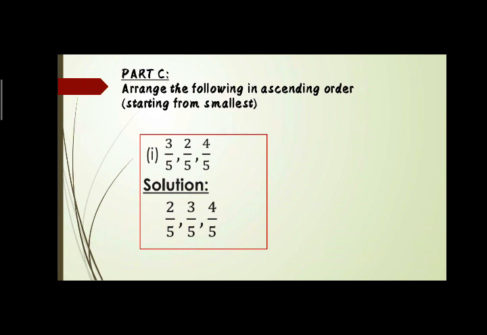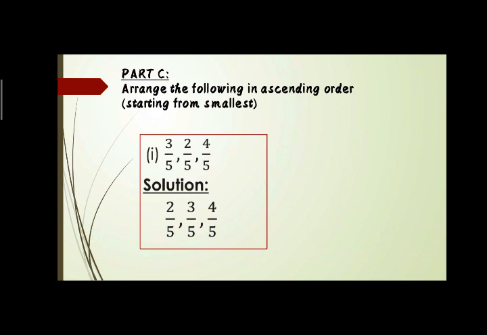Now first you have to notice again here the denominators are the same. It means it is a like fraction. It is quite easy. All of you are able to identify the like fraction. And on the basis of the numerator we say which is showing the less shaded part. 2 upon 5 is showing the less shaded part as compared to 3 upon 5, and 3 upon 5 has a less shaded part than 4 upon 5.